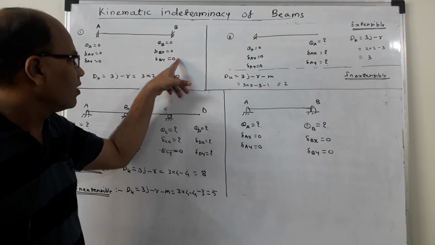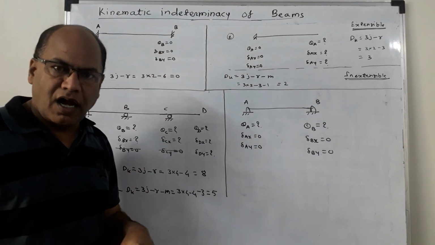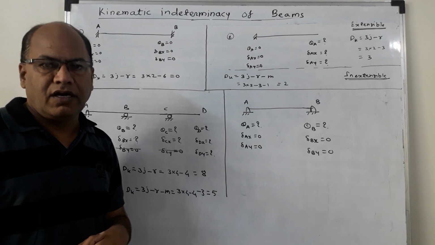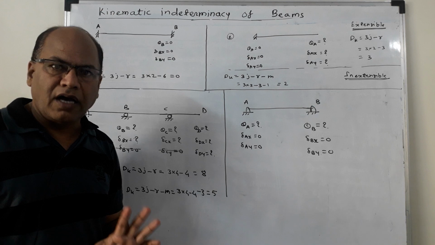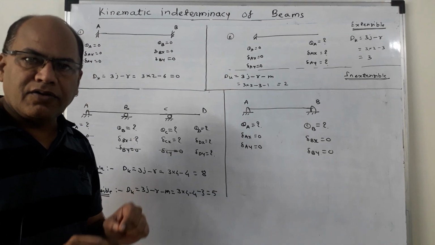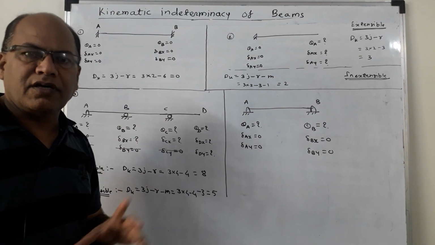Means all the displacement components are known to us and they are equal to 0, and that is why there is no unknown displacement component. As such, the number of unknown displacement components is 0 because all the displacement components are known to us.